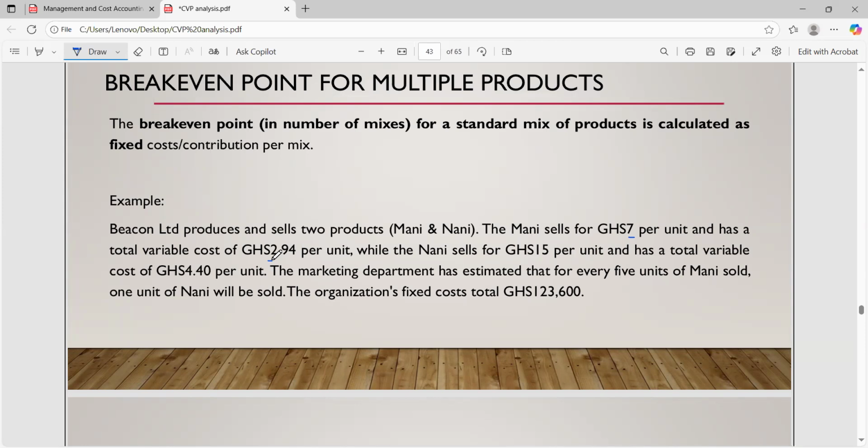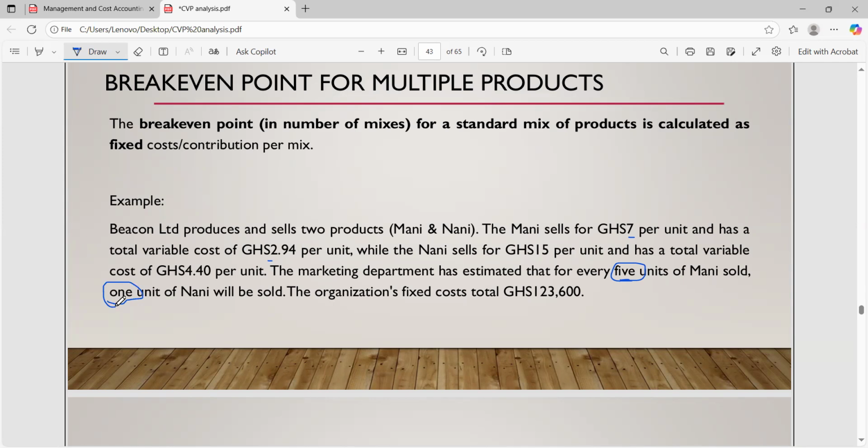The marketing department has estimated that for every 5 units of Money sold, 1 unit of Nanny will be sold. This is very important, as it is going to be used for the weight or the mix.